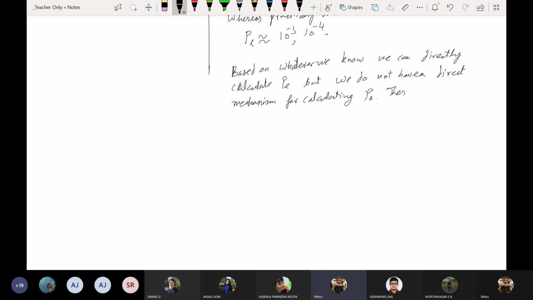Therefore, we express the bounds on PB as a function of PE.